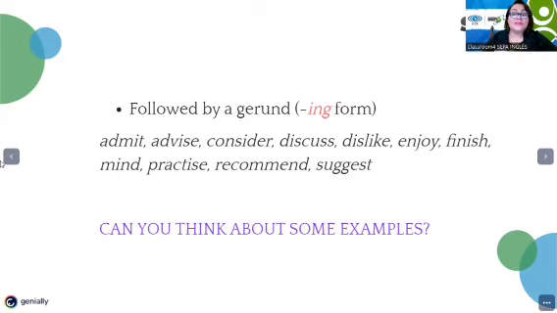I practice listening, usually at nights, for example. I consider studying English this semester. And what about you? Think about some examples using these verbs that are exclusively used with the ing form. Okay? Please do it.